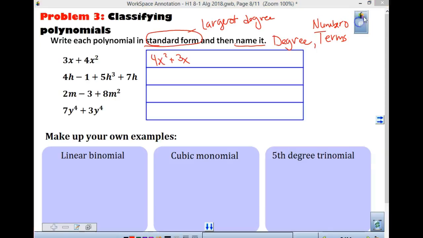So our degree is second, but we're not writing second. Second, if we look up above, is called a quadratic. And we have two terms, so quadratic binomial.